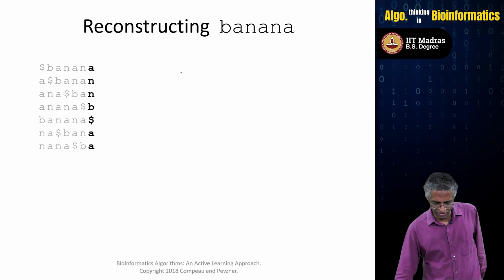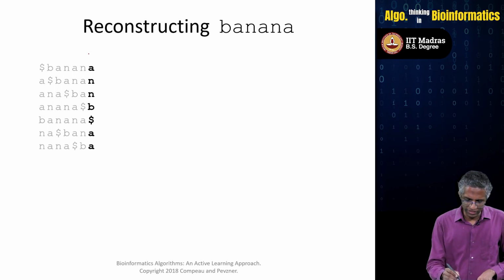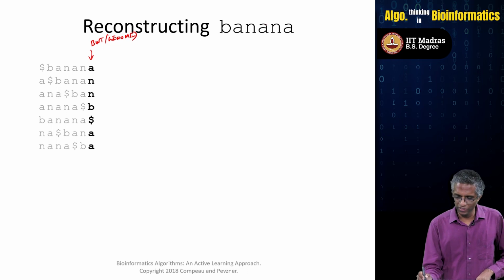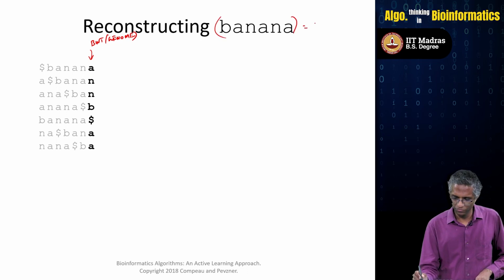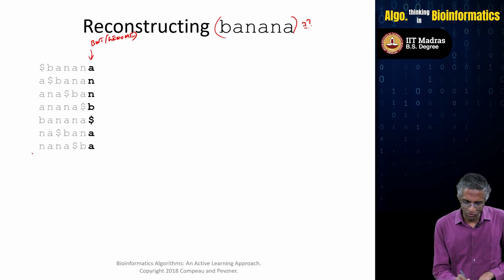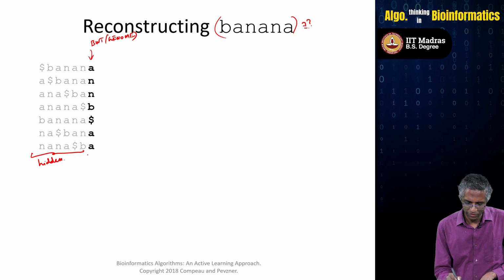Like I said, this is really your BWT. Your genome currently is banana. Okay, can we get banana? And we don't have all of these columns. These are all hidden. We only know this.